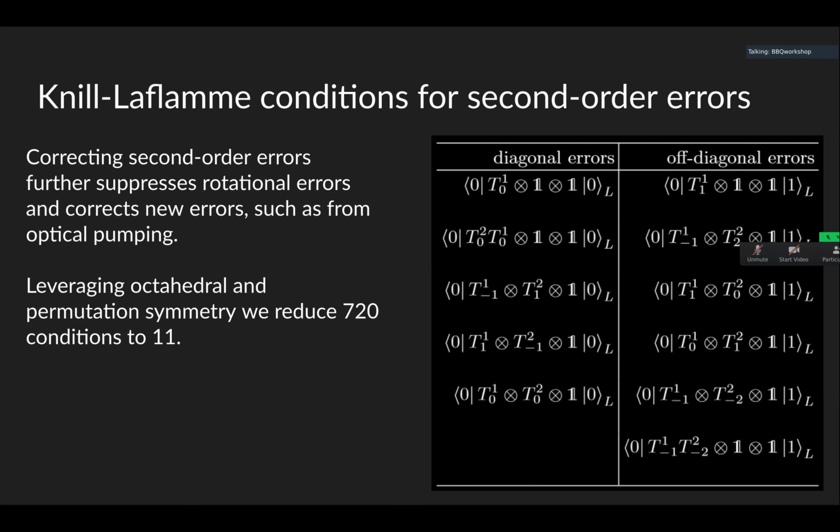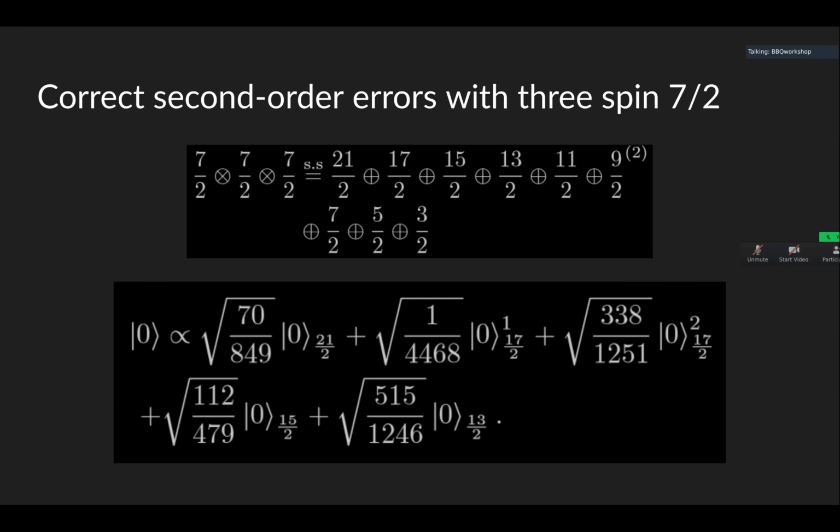Shiva has done this little bit of more work and found that you can, in fact, come up with a code that corrects second order errors in angular momentum with just 3 spin 7/2 systems, which is very nice. Not only do the second order angular momentum errors correspond to maybe larger SU2 rotations, but also additional error channels that you get from optical pumping, other relevant noise sources in these kinds of systems.